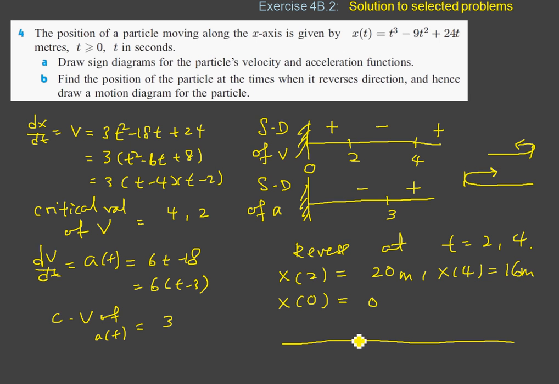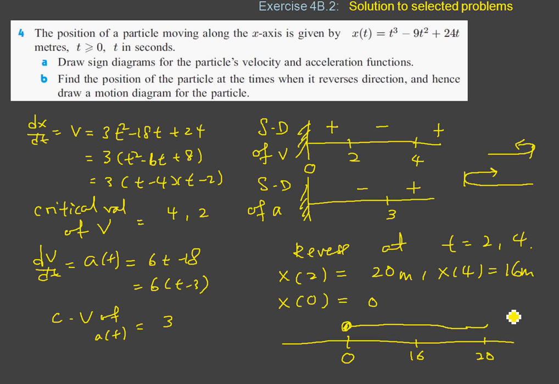So now we can sketch the motion diagram. Here is 0, so just put 16 and 20 meters. Just a sketch. So when time is 0, the particle was here. At time 0, it travels to the right, as you can see from the sign diagram of the velocity, this is positive velocity.